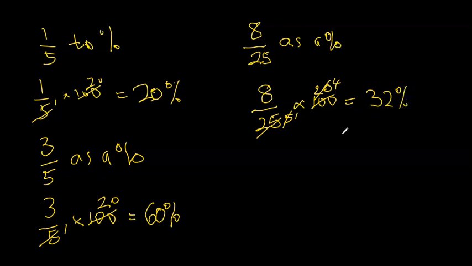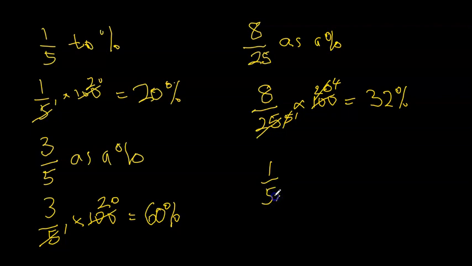Now, you can also use a method where you convert the denominator to 100, because by definition, anything over 100 is basically a percent. Let's say the first one, 1/5. We could have converted it to a percentage by establishing 100 as a denominator.